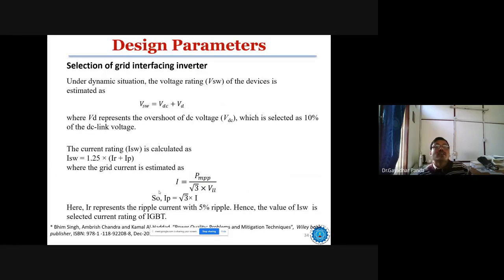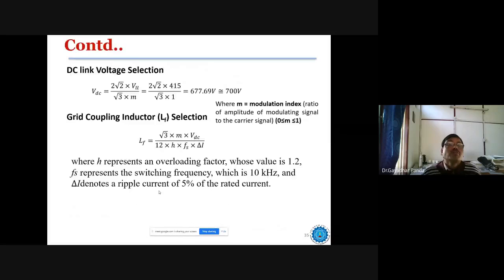Design parameters, selection of grid interfacing inverters. You can say what is the voltage rating of the switches. That is written here. Similarly, you can think of DC link voltage selection. These are already available in the articles, and we have taken them from the articles. You can go through it, how it is derived also.